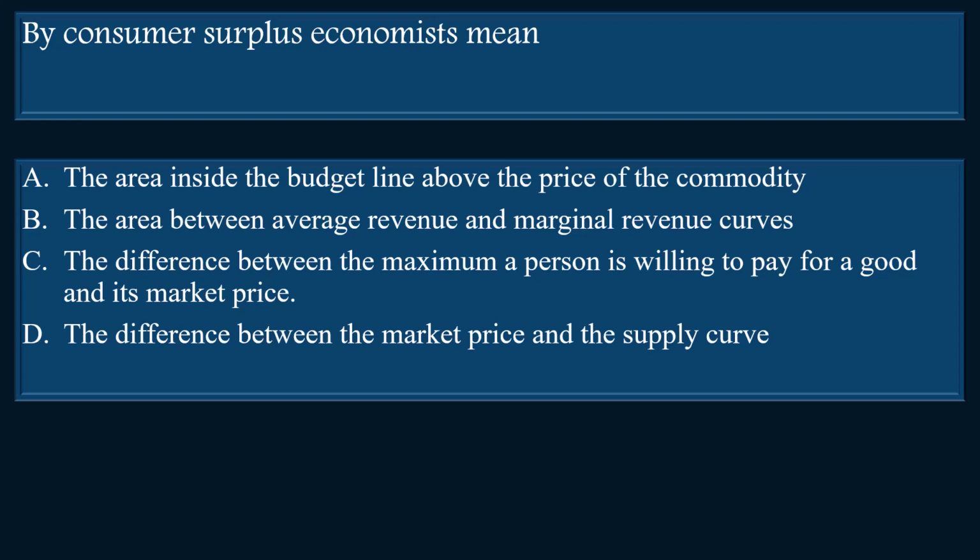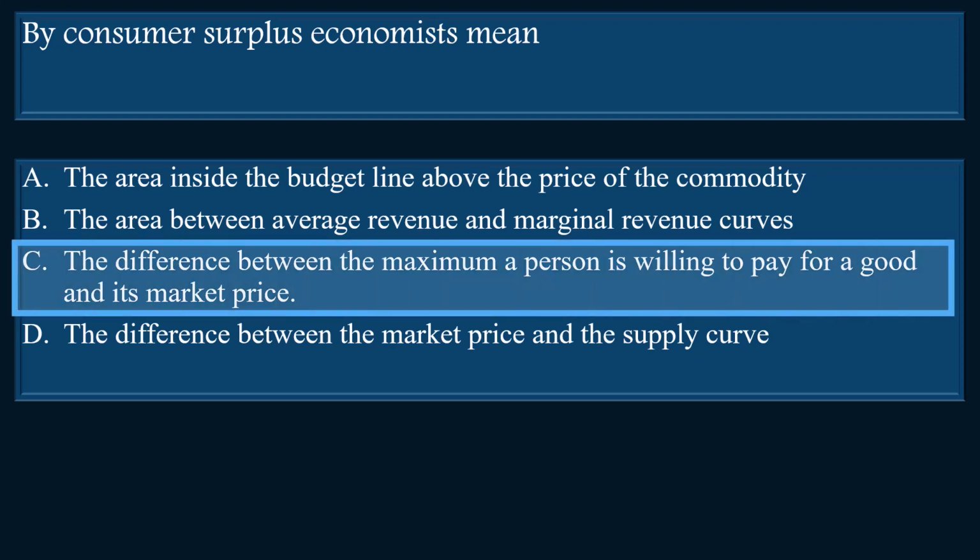D. The difference between the market price and the supply curve. This question is also very simple. Consumer's surplus is the difference between the maximum a person is willing to pay for a good and its market price. Option C is the correct answer.